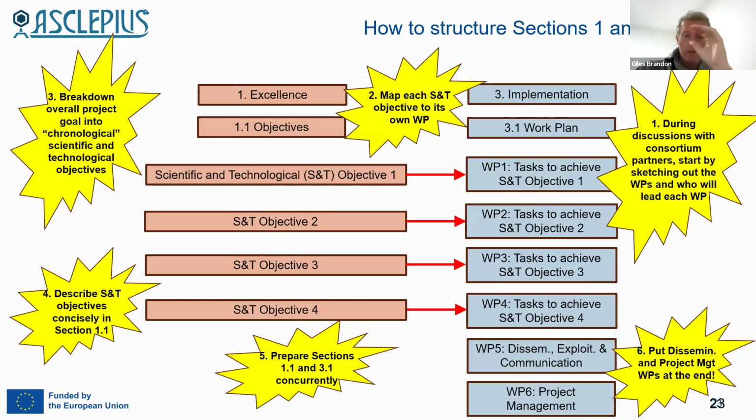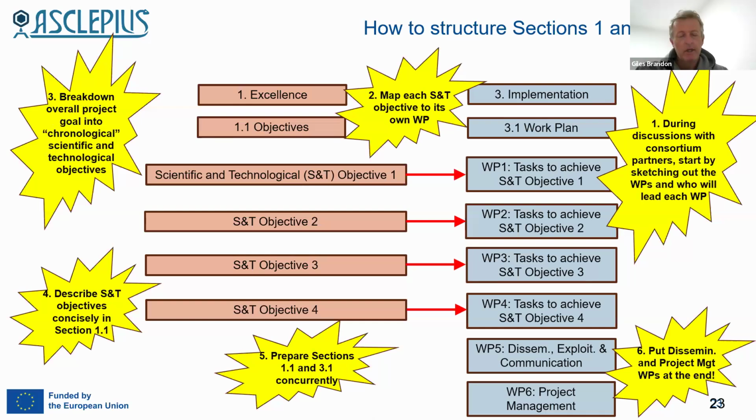This is the structure that I really encourage, I beat on about with consortia. I do this because it makes a proposal easier for an evaluator to read. The structure of a proposal is a lot easier to read.